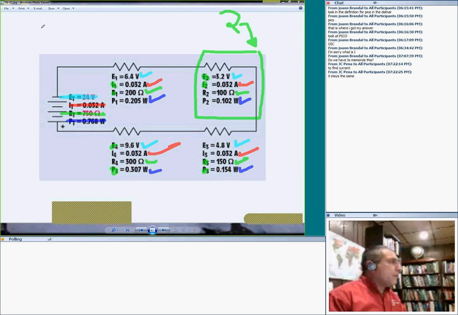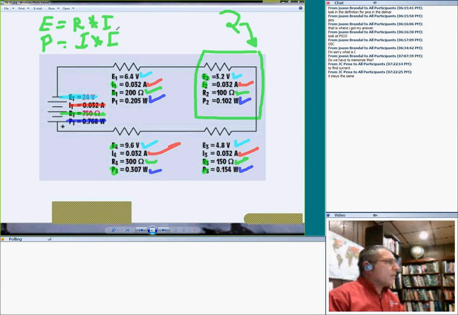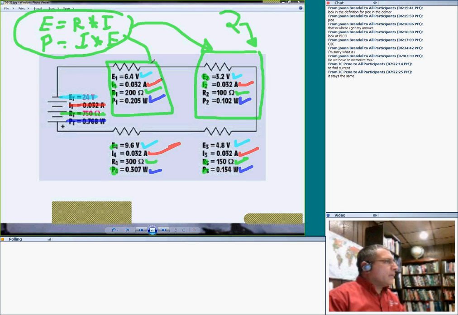And never forget that you have to apply the law, which is E equals R times I for every one of the components, and P, which is the power law, equals E times I. Apply these, guys, for every single one of these components here.